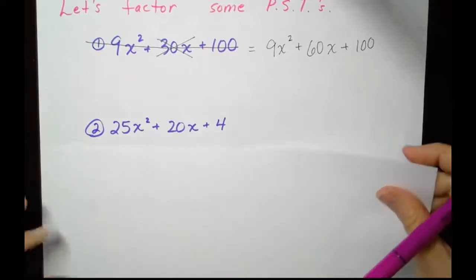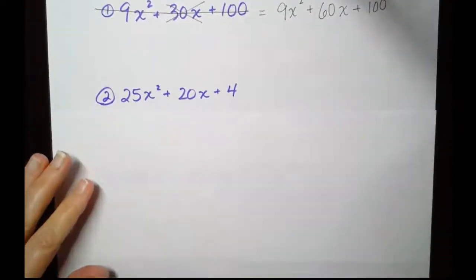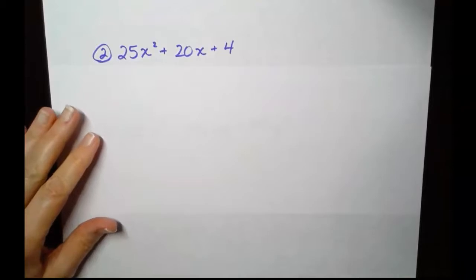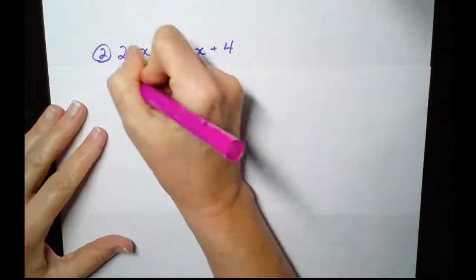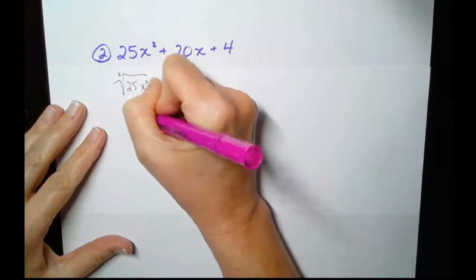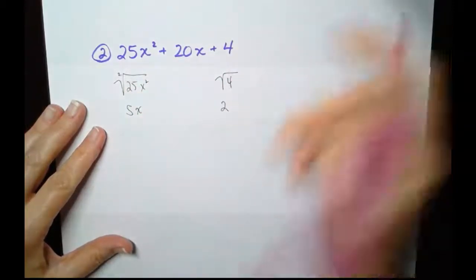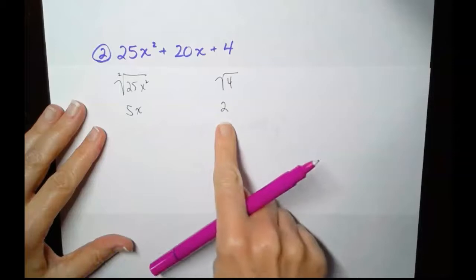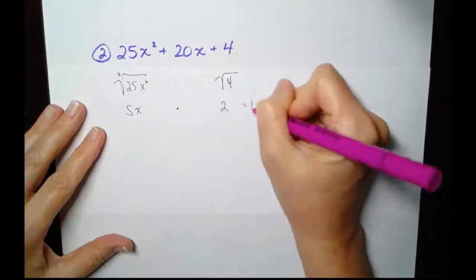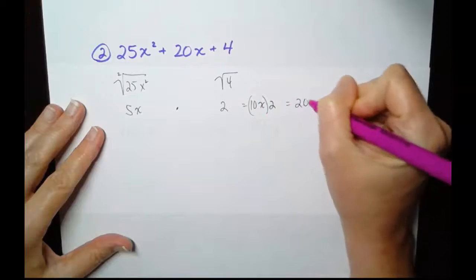Let's try number 2. Let's see if it meets the characteristics of a perfect square trinomial. The square root of 25x squared is 5x. The square root of 4 is 2. 5x times 2 is 10x, and if we double that, we get 20x.